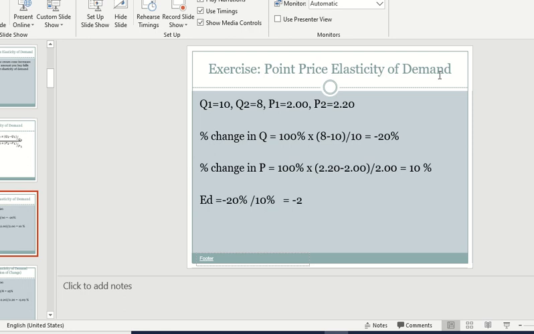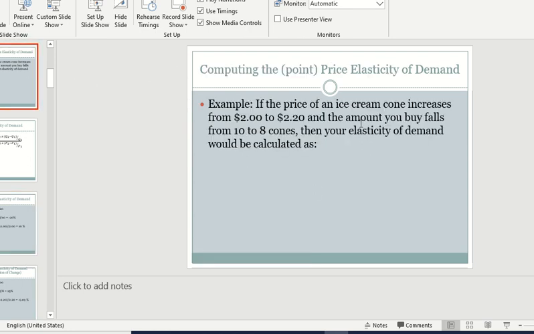Basically, you just follow the mathematical convention to calculate the percentage change in each variable. It is what we are used to in math class, but it does have a shortcoming. This point method does have a shortcoming. Let's take a look at it. So let's go back to the same question here.